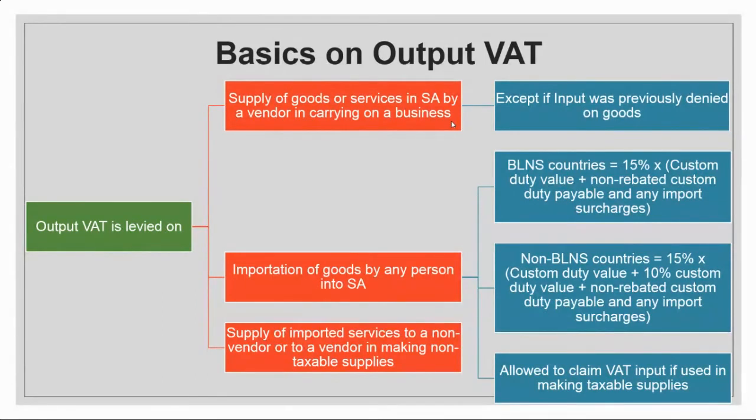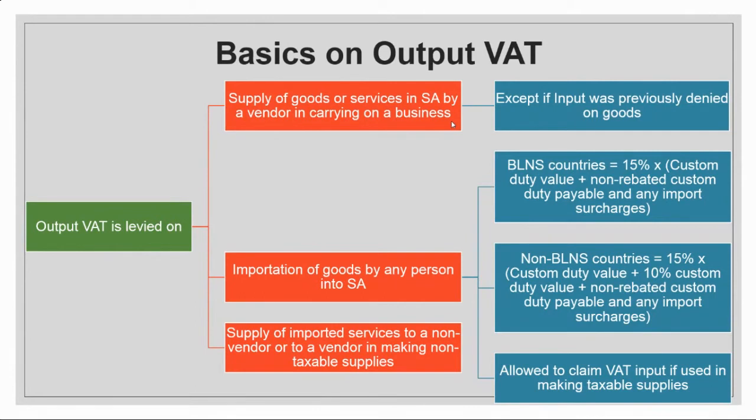And then you are allowed to claim the VAT input if it is used in making taxable supplies. So if the goods that I have imported, I'm using to make a supply where I would raise VAT on, then I can claim the input VAT on that as well.